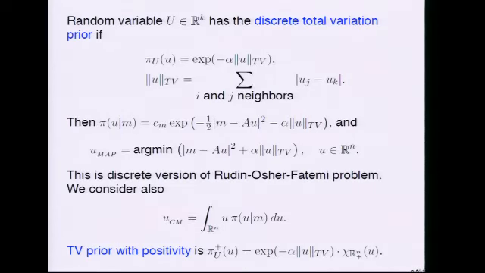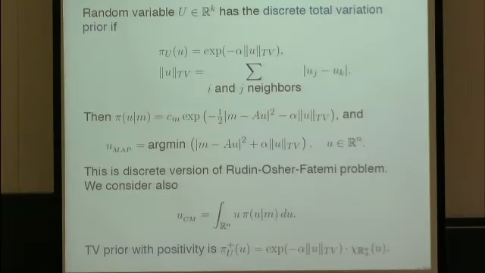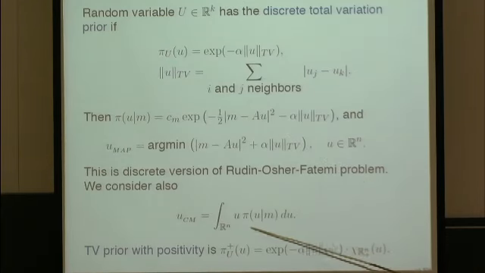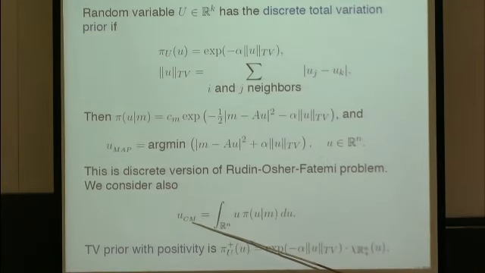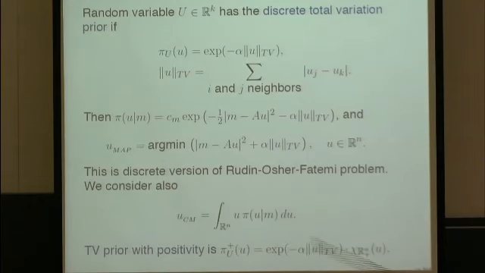So this MAP estimate now is the same as the Rudin, Osher, Fatemi estimate. The other estimate we are interested in is that we take this function, put it in here, and compute the conditional mean estimate, the average of the posterior distribution.